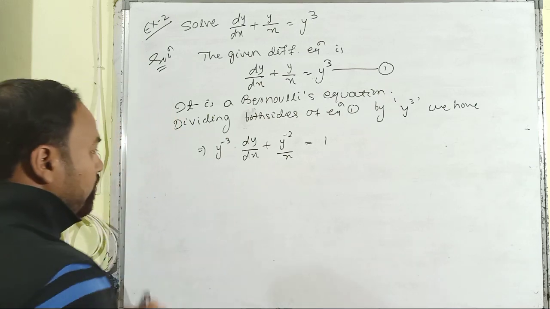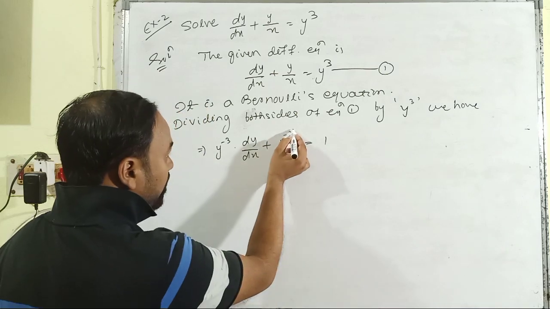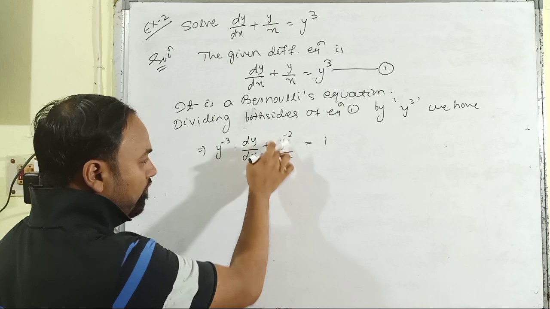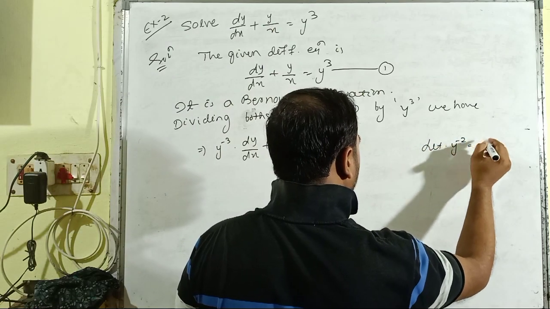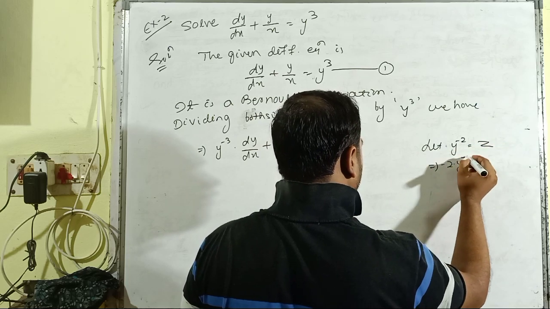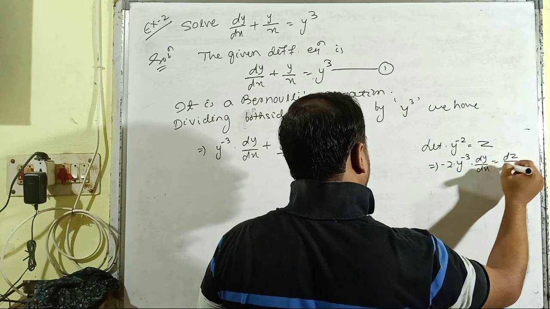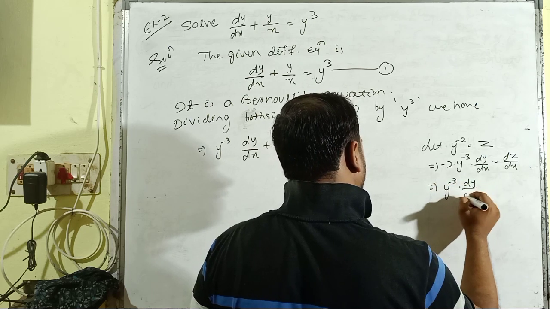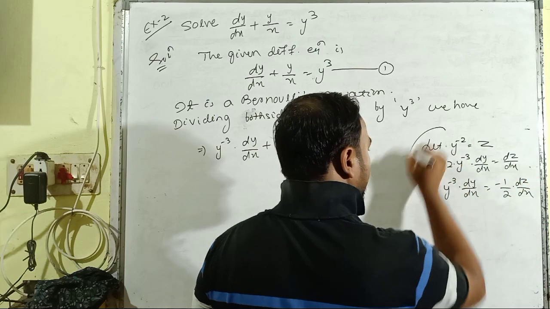And here we have to go through the substitution part. So we have to substitute this term y^(-2), which is multiplied with 1/x. Let y^(-2) be z, then -2 y^(-3) dy/dx is dz/dx. Then y^(-3) dy/dx is -1/2 dz/dx.